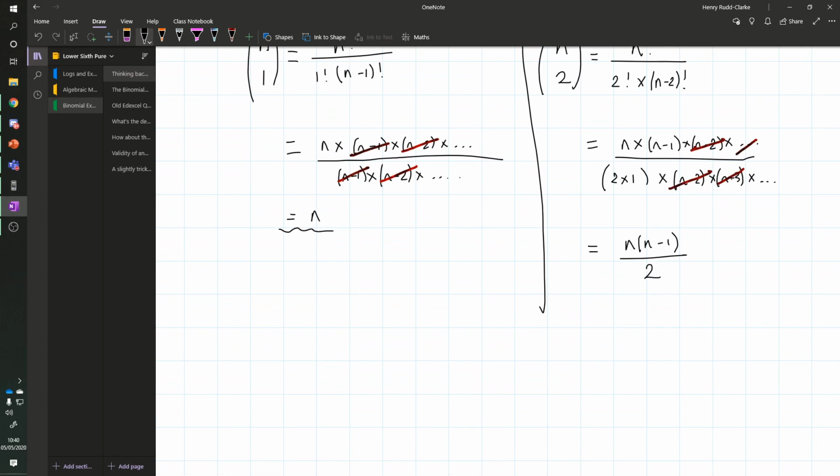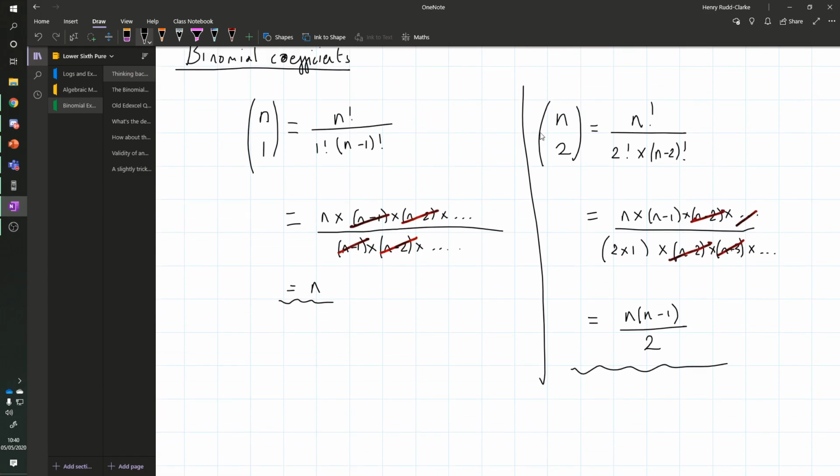I can again use this if n is a negative number or even a fraction, because your calculator also won't be able to work this out if it's a fraction. I can use this to work out what -2 choose 2 would be.